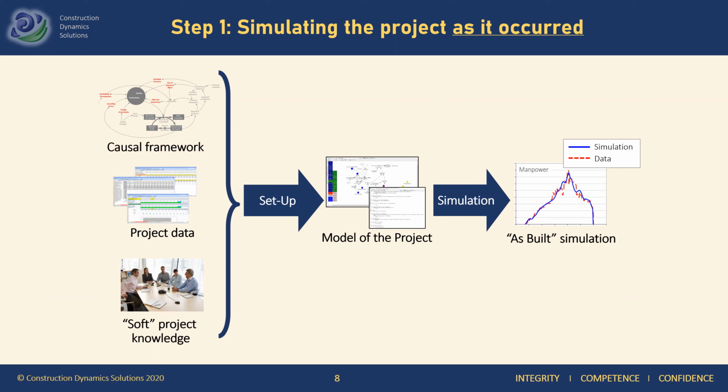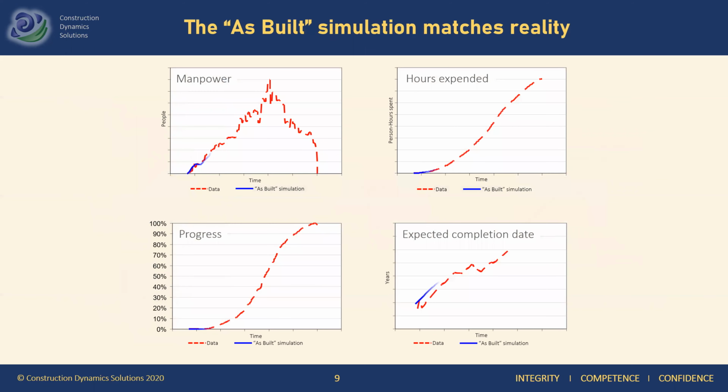This graph shows how manpower evolved over time on the project. The red dashed line is the actual as-built data for the project, and the continuous blue line is the output of the simulation model. So as you can see, the simulation faithfully recreates what happened in reality, and not just on one dimension, but on all dimensions for which we have data.